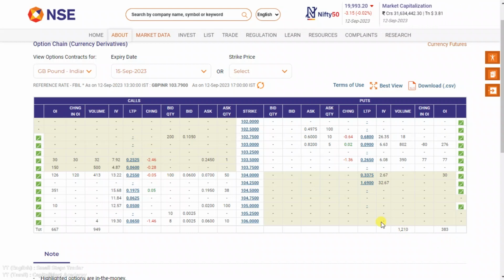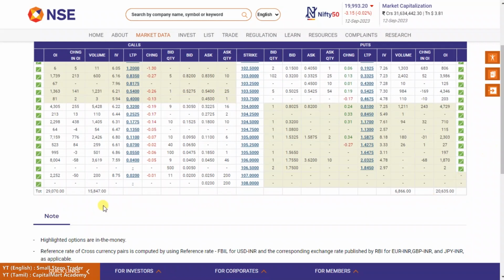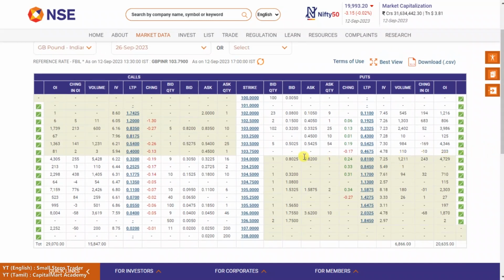See, there is no bid and ask in the other currencies. If you see the monthly, 20,000, 29,000. But what about USDINR? 24 lakhs, 20 lakhs. But here 29,000, 20,000. The premium is also very high compared to USDINR. Compared to euro, it is far better.